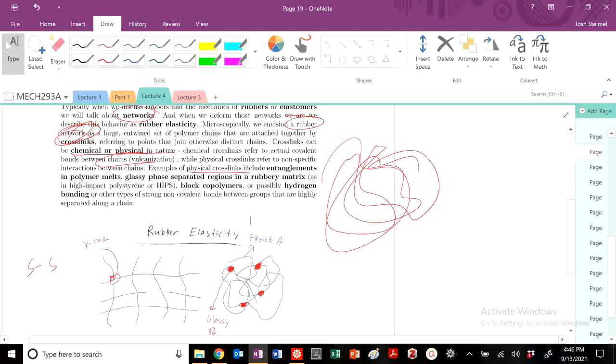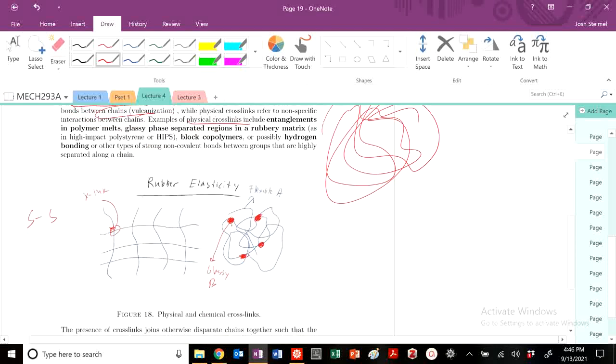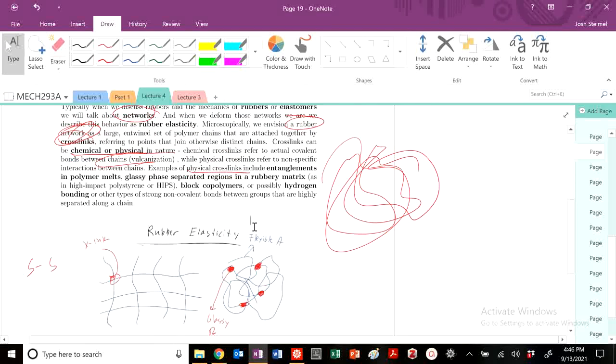You could have a glassy regime or glassy structure of a block of polymer that acts like a physical, or actually a chemical, crosslink. Even though it's a physical crosslink, it's basically stuck forever. This chain cannot move independently from this chain at this particular point.